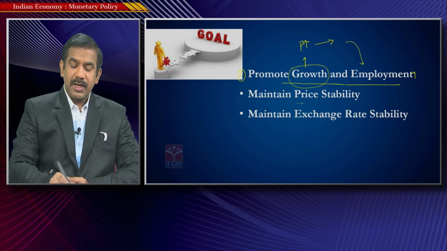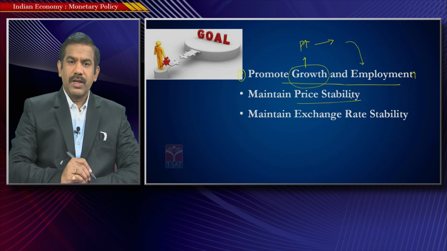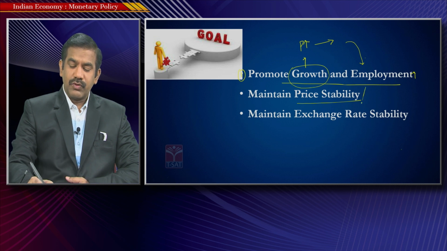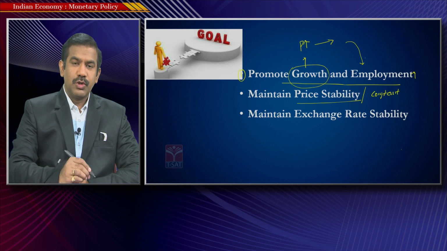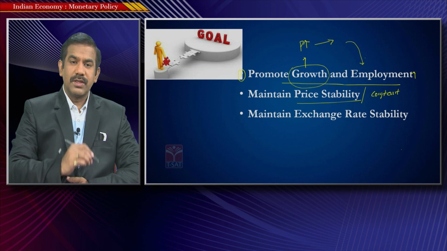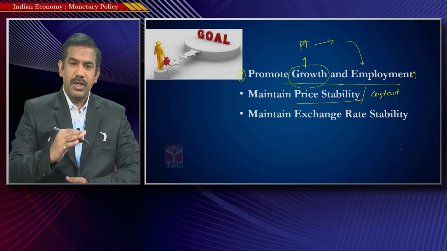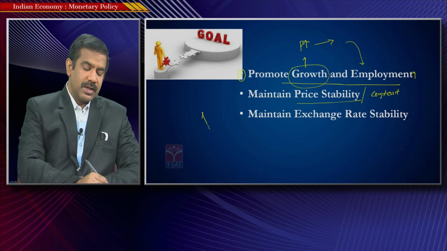The second is to maintain price stability. Don't confuse price stability with constant prices. The objective of RBI is to ensure that the prices of goods and services in the economy neither increase steeply nor decrease steeply, that they don't rise or fall to a very high level.